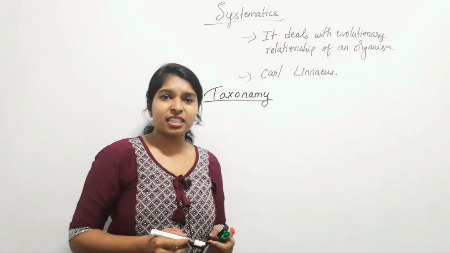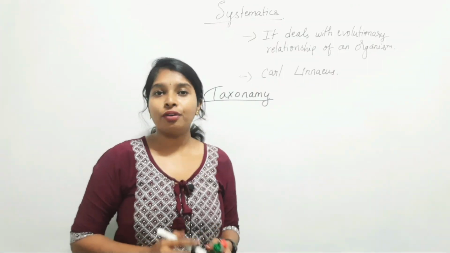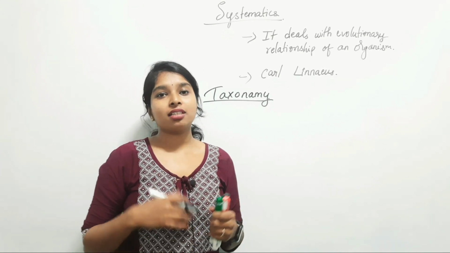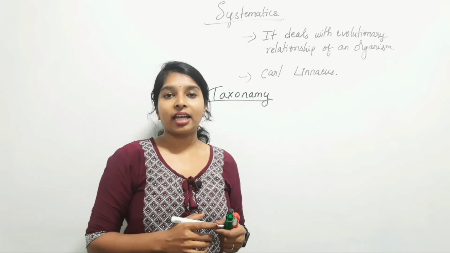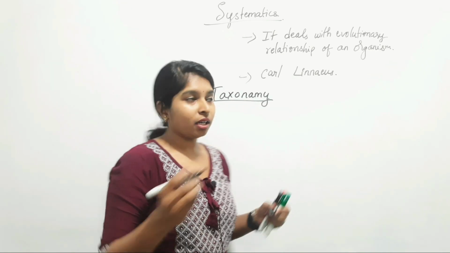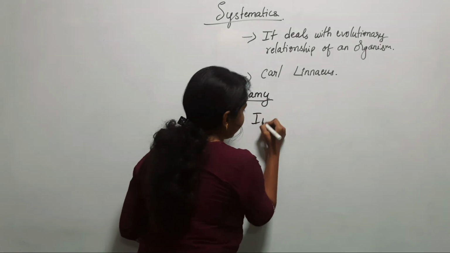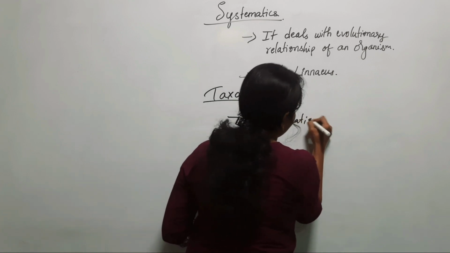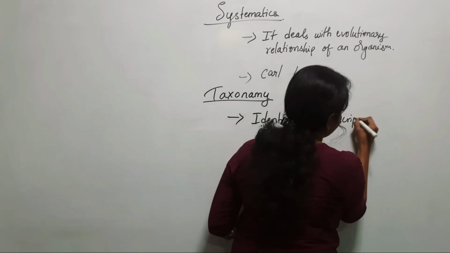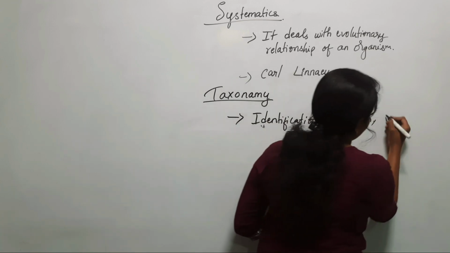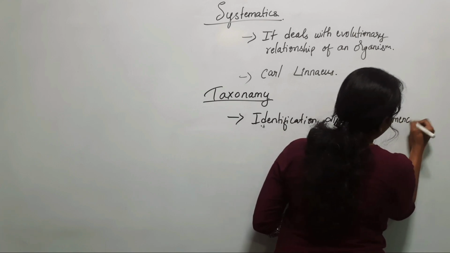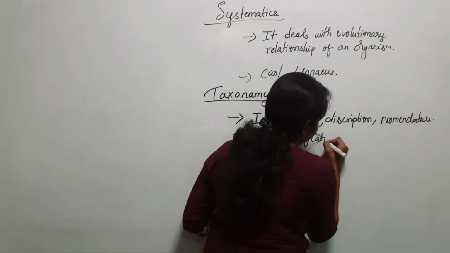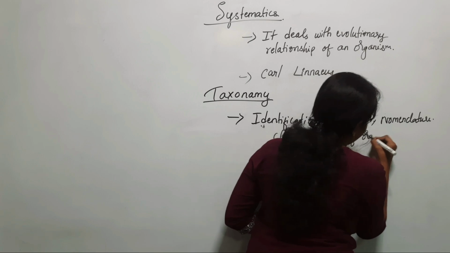Taxonomy is considered a branch of systematics. Here we identify the organism, name the organism, give the description of an organism, and also classify the organism. So it includes identification, description, nomenclature, which is nothing but naming of an organism, and classification of an organism.